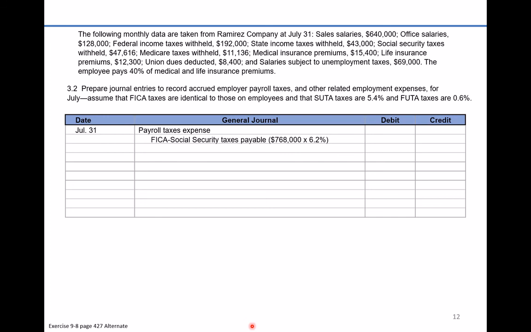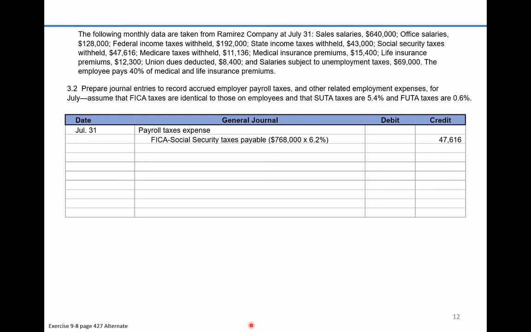To figure this portion out, we first have to take a look at all of the FICA taxes that employees paid, and those are going to be matched dollar for dollar by employers. So that $47,616 that we calculated in the previous slide, that'll be paid from employees' checks, and it's also going to be paid in the exact amount, matching dollar for dollar, by employers.